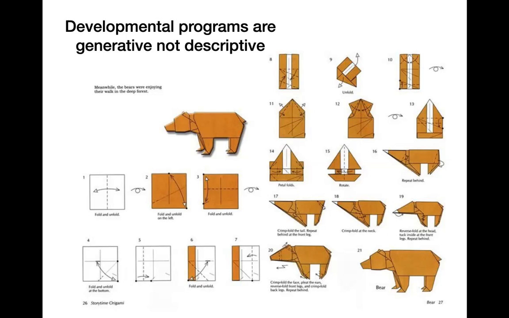There is a lot of movement of the page towards different positions, and that gives rise to all of these different forms like the head and the limbs and everything. So basically the paper is moving around and taking different folds.